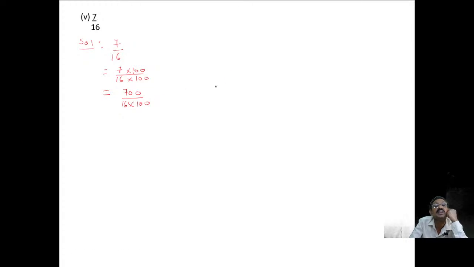If you want, you can check here and divide and see. When you divide 700 by 16, 16 fours are 64, then you get 60, 120 and so on. You will get 43.75 upon 100, because we took this and divided this.